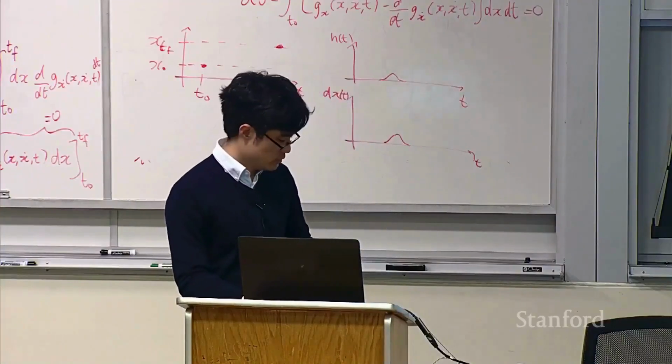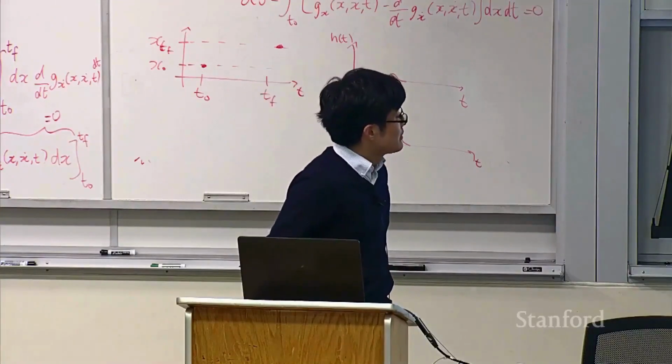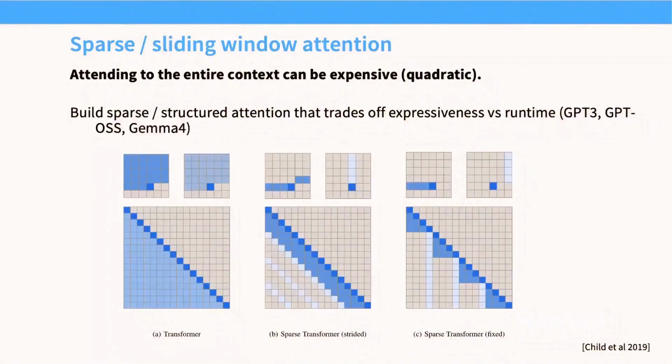Yeah. Cool. Okay, the last thing I'll talk about is sliding window attention, which is a really old idea. GPT-3 actually used this. If you read the paper, they say we alternate between full attention, where every position can attend to everyone in the past, and a banded matrix style attention, where you can attend to everyone within a fixed window.